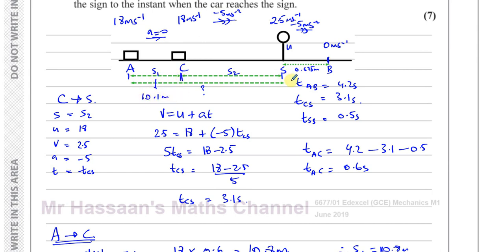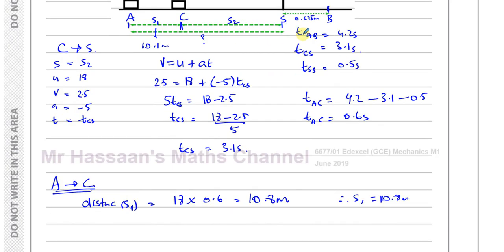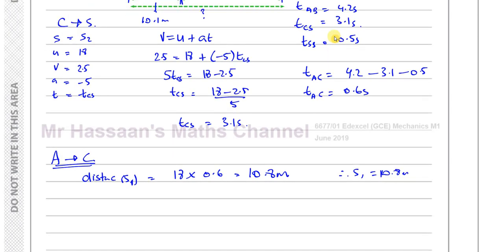Now we've got to find what S2 is. So we can use the values we know between C and S. We know this is 3.1 seconds. So again, we're spoiled for choice. We can use these values to find what S2 is.